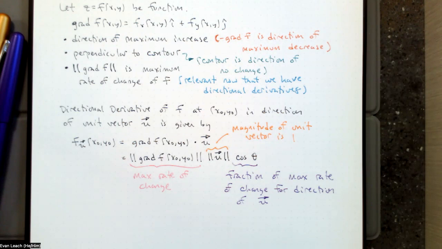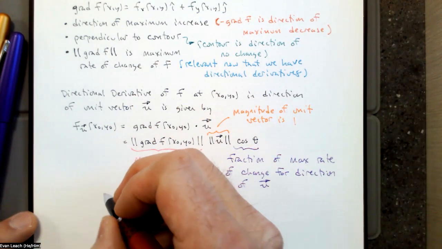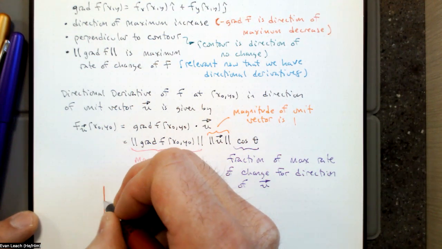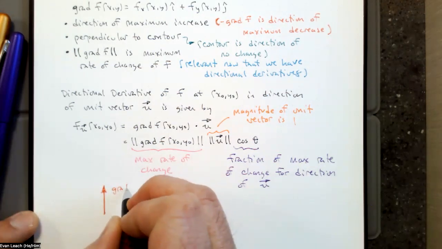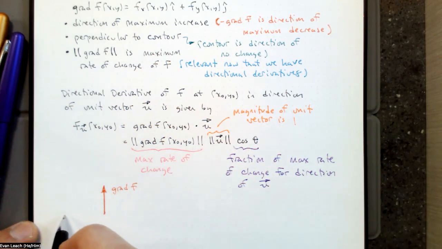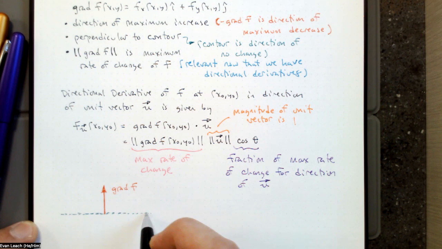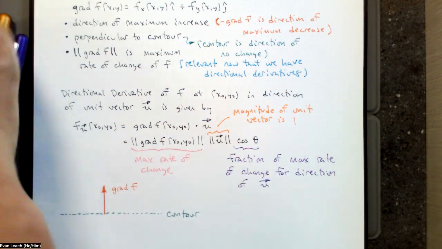So if we've got a gradient, this is perpendicular to our contour. And then down below, we'll have our negative gradient.